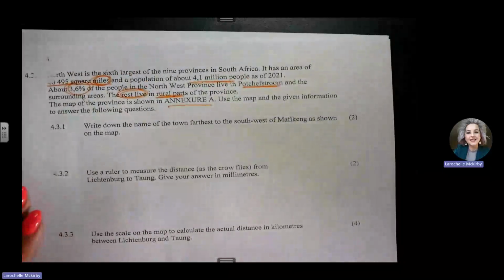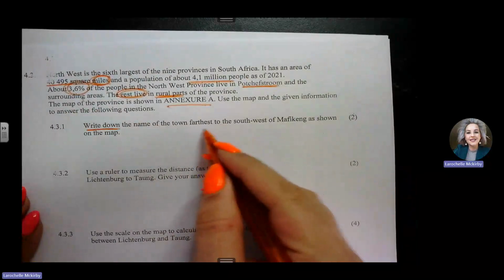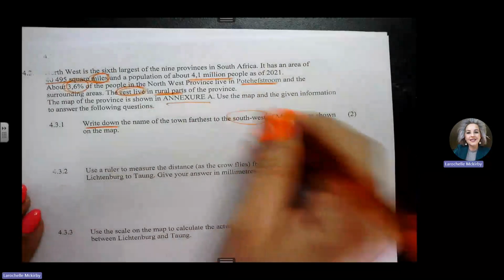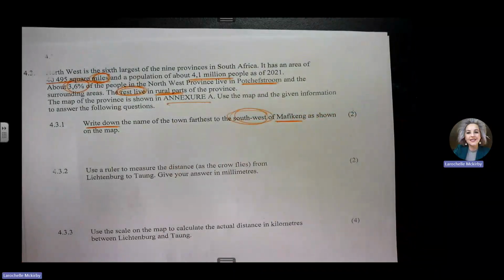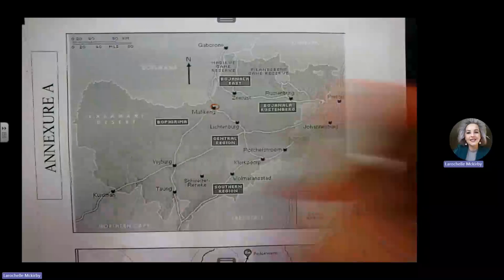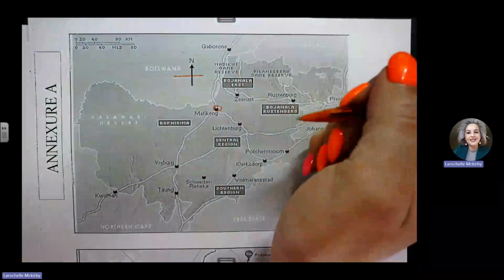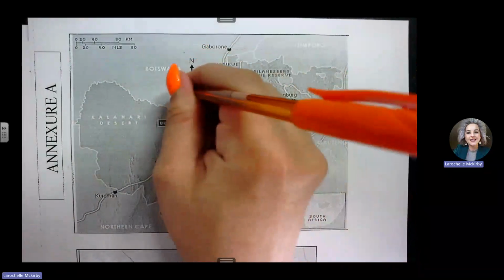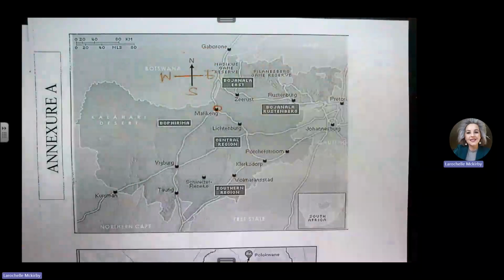Okay, so write down the name of the town farthest to the southwest of Mafeking as shown on the map. Okay, let's have a look. Where's Mafeking? There's Mafeking. Okay, and there is our compass, north. And it's again to the top, and that is how we like it. There's our compass.